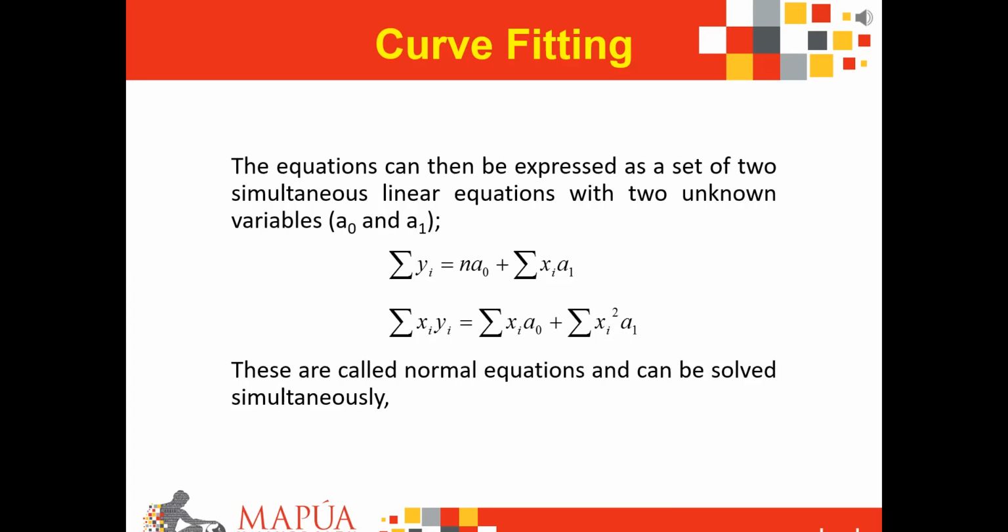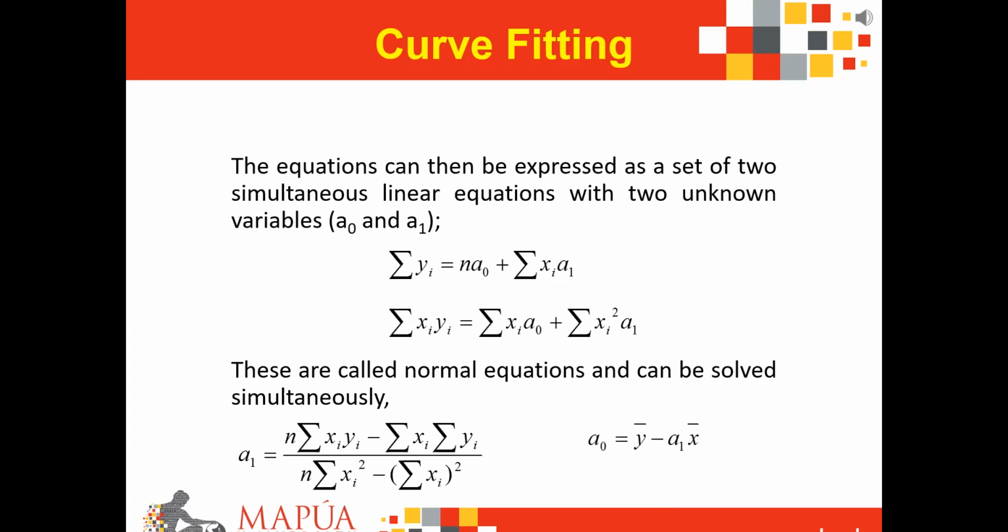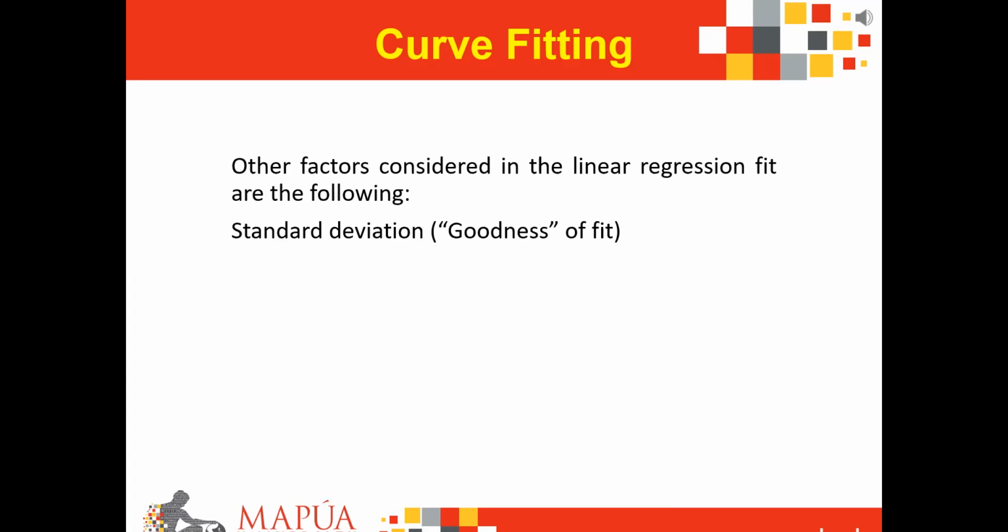When you apply substitution, you would end up with a formula for your A1 to be like this, and the formula for your A0 to be like this. Note that Y bar, or Y average, means the average value of Y, and X bar means the average value of X.